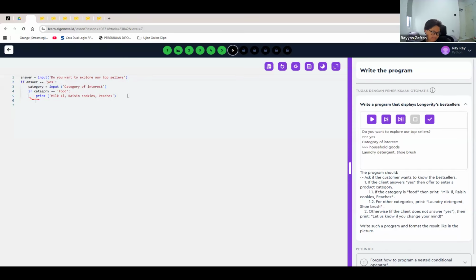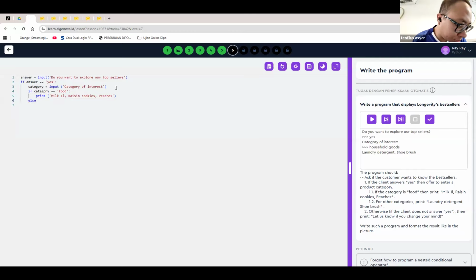And I think you're confused about how to put the else. You're still coding inside this if, right? So if you want to put the else, please put it in the same position as this if, which is going to be here. Okay, there you go.